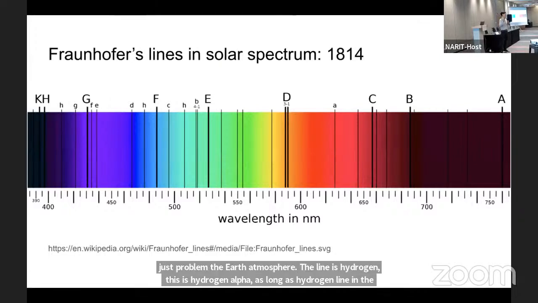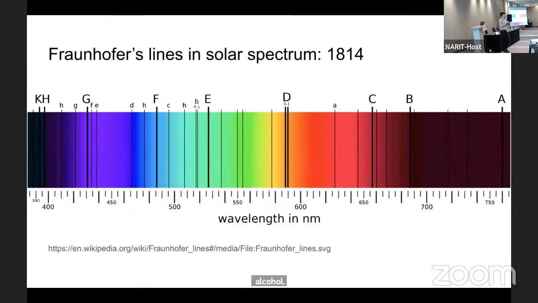The D line turns out to be this doublet that comes from sodium. This has caused quite a lot of confusion among astronomers, because it's called the sodium D line, but it's also a doublet, so people thought that D stands for doublet, but it's not. And then I forget what E, F, and G are. If you know, let me know. But H and K are calcium. That's also used a lot.